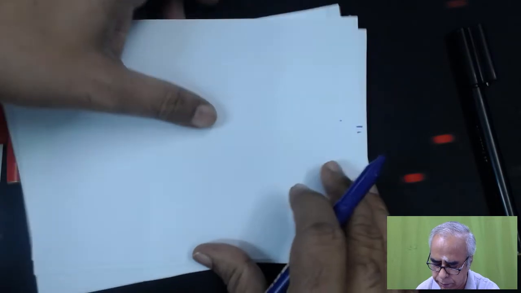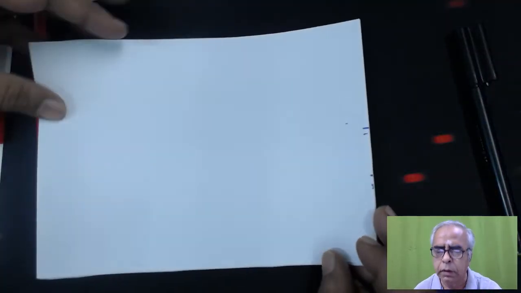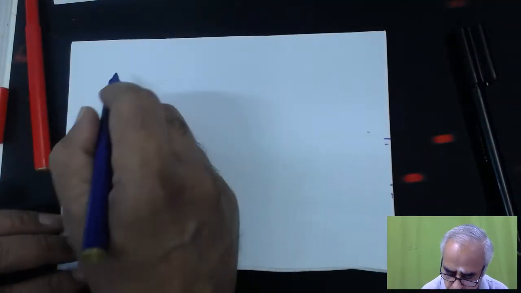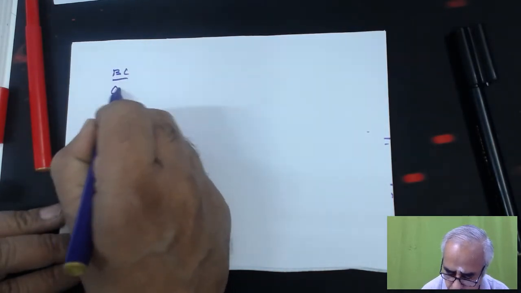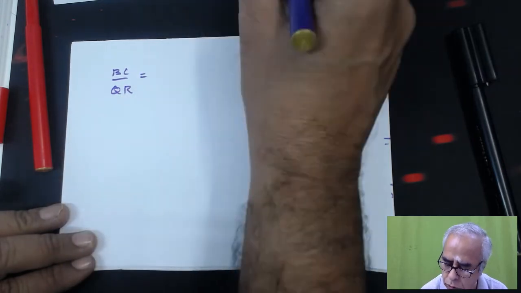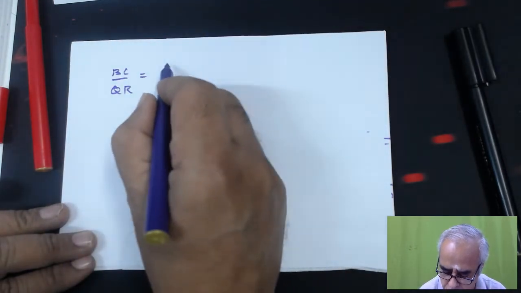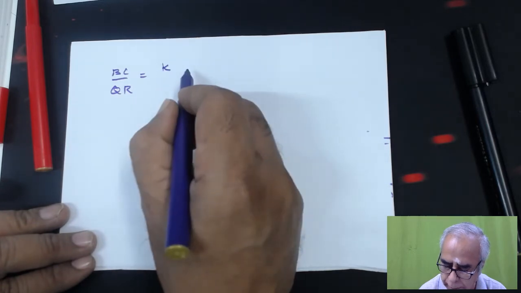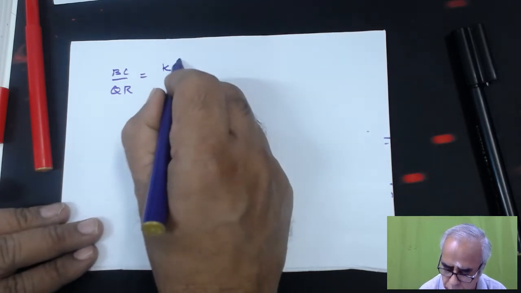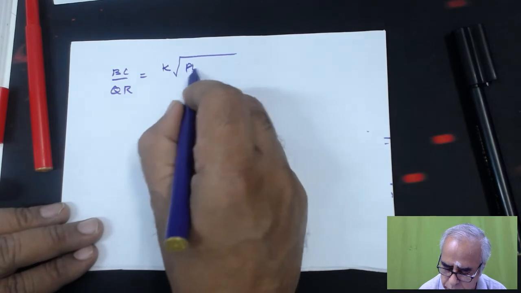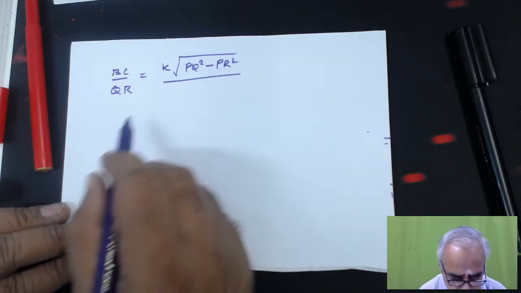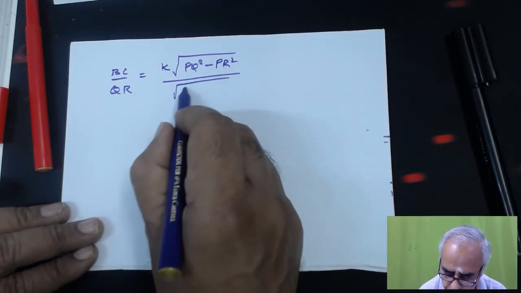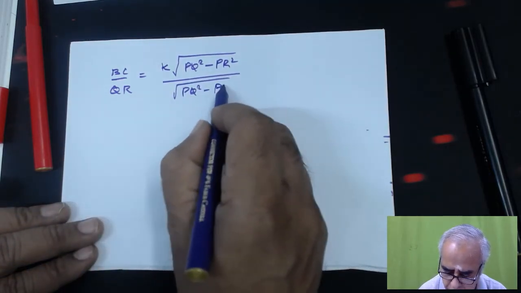Now let us continue. So this BC by QR is equal to, we have K squared that can be taken outside the square root, so it becomes K into the whole square root of PQ squared minus PR squared whole divided by PQ squared minus PR squared.